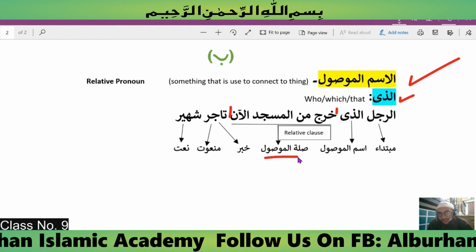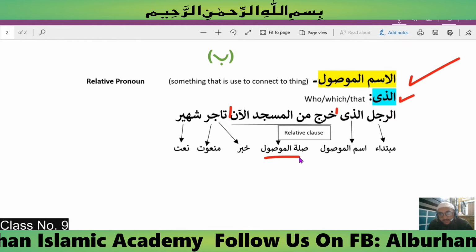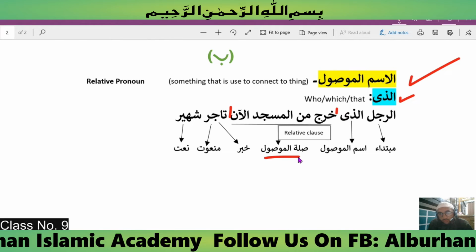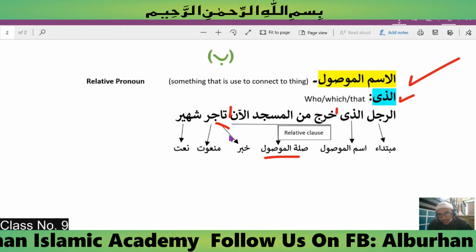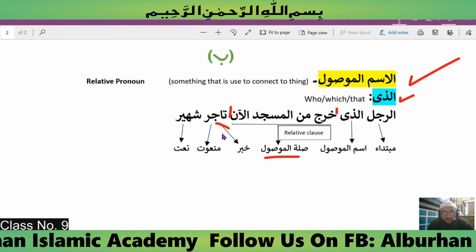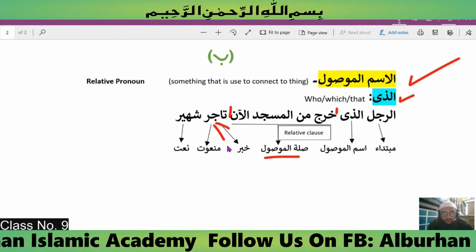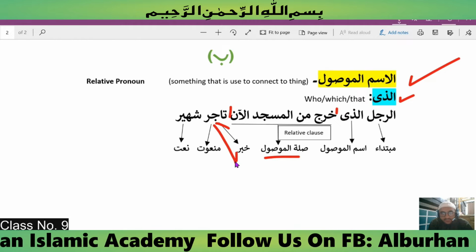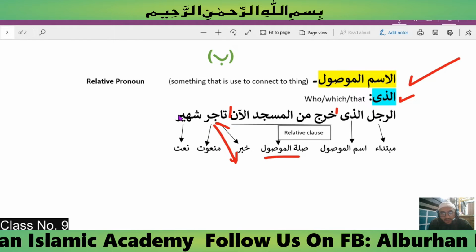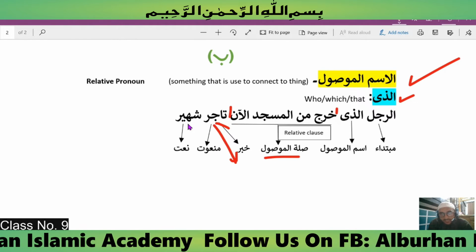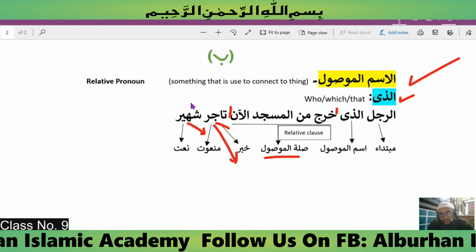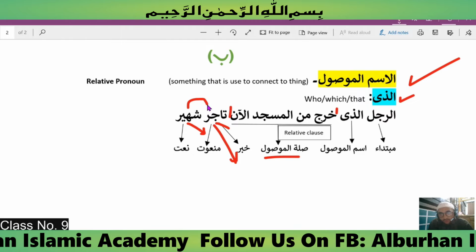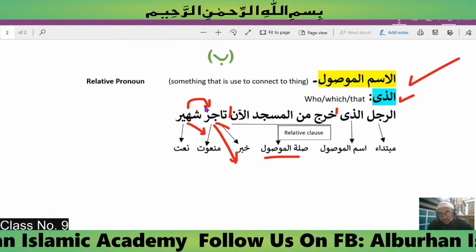In Arabic it is called silatul mawsul. تاجر is khabar, and this is also man'oot, the described word, and شهير is the adjective of this man'oot.